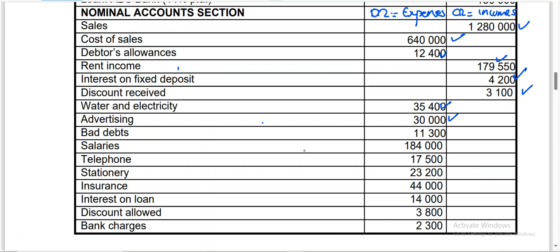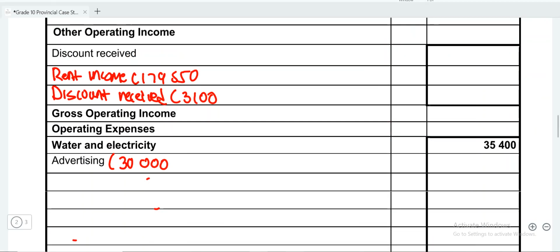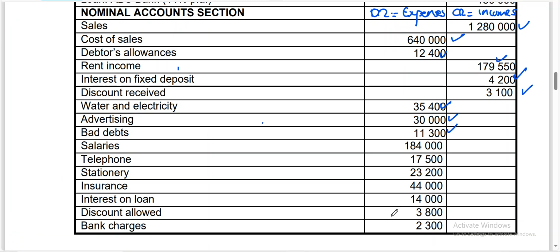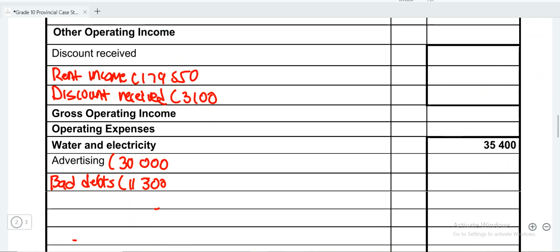We have bad debts for 11,300, so I'm going to write bad debts here, 11,300. Then we go to the next set. We have salaries for 184,000, so salaries will have to be entered. Salaries, 184,000. Then we check what else we have.